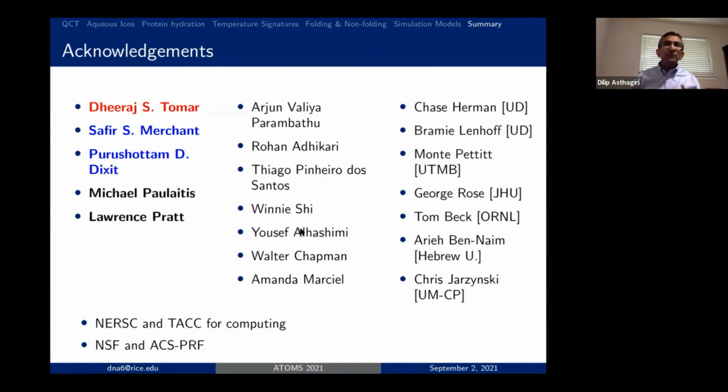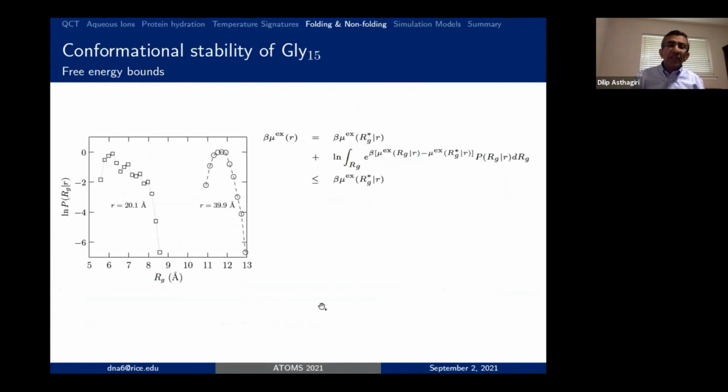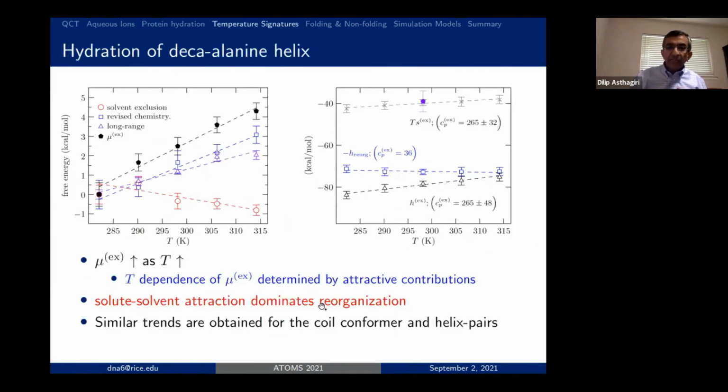But I don't believe it has been shown clearly for protein systems. Going back to the work of Stillinger, and then David Chandler, I was looking for Lawrence because we have some concerns about some of the work. But granted, this trend is expected if you take account of theory. But the whole temperature signature itself, that trend is a new finding.